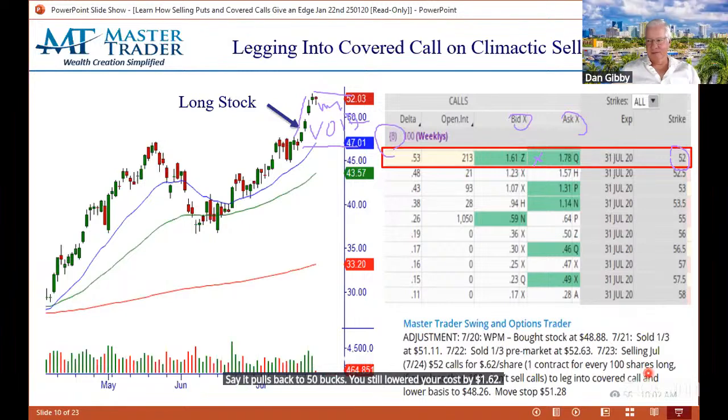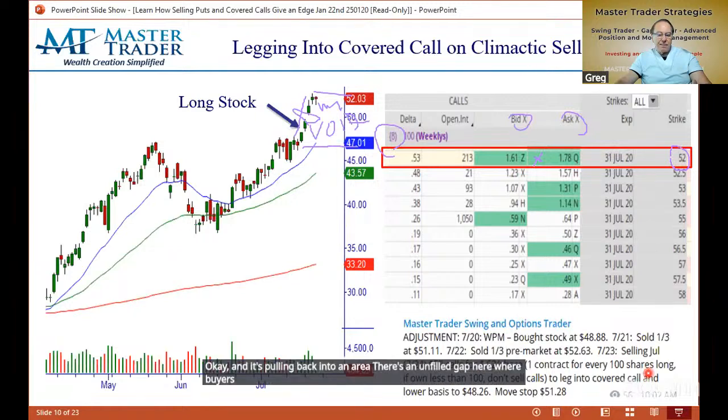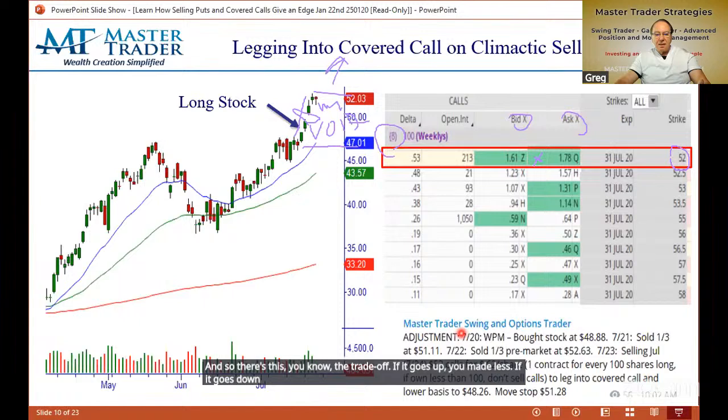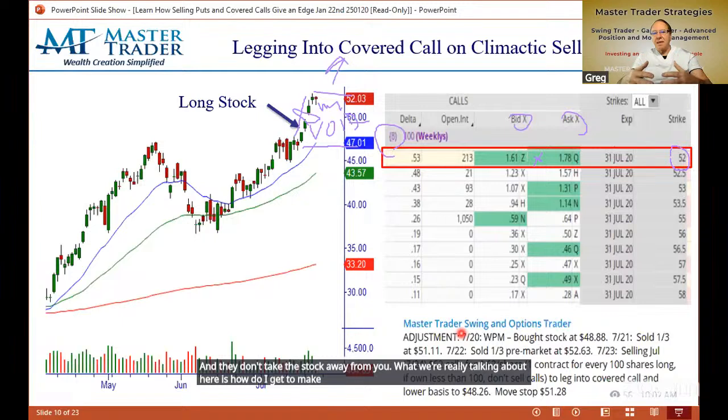It's pulling back into an area where there's an unfilled gap and buyers will probably show up. So there's the trade-off. If it goes up, you made less. If it goes down, you lowered your cost and they don't take the stock away from you. What we're really talking about here is how to make an educated decision about selling this covered call to put some money in my pocket.